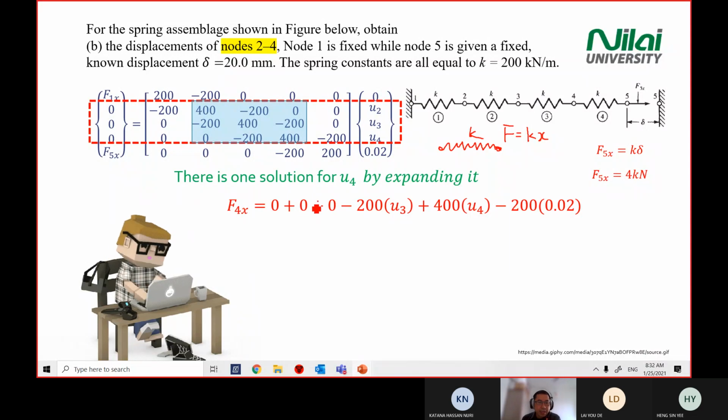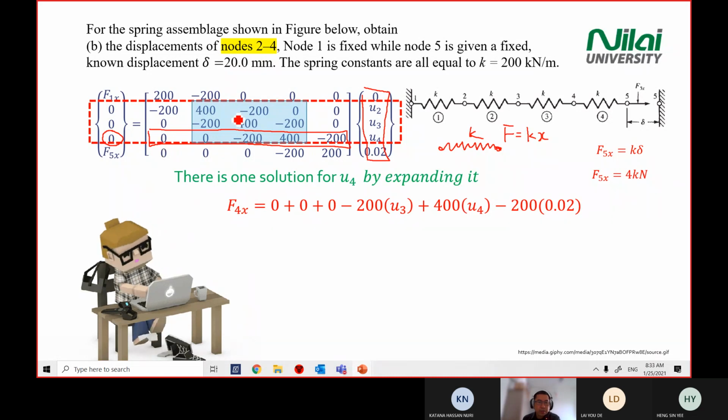The next one is just one of the solutions. We're looking at force number 4, which is here, and then you get the equation for this one. This is F4. Then you focus on this row times this column.